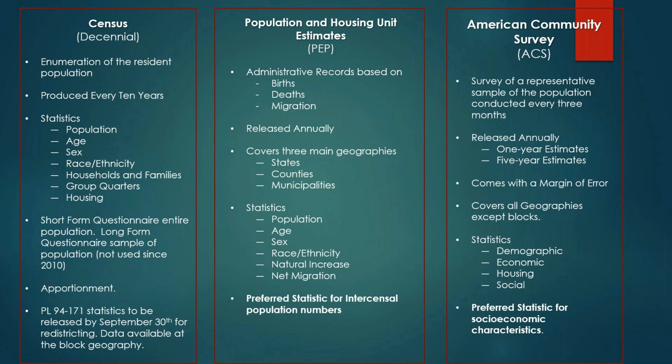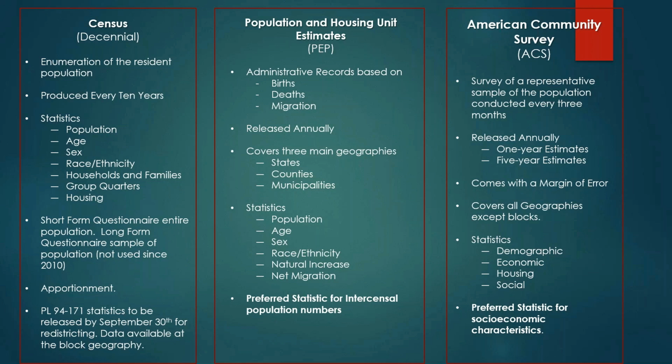Now, these data are actually available on our website under the Estimates tab. The ACS is a survey and comes with a margin of error. ACS population numbers are weighted to the population estimates, so you can actually have a discussion or a presentation with both population estimates and ACS. To get population counts for smaller geographies, use the American Community Survey.